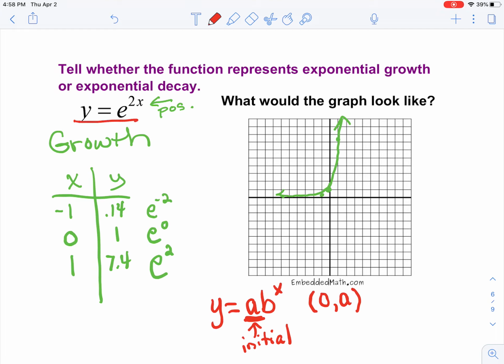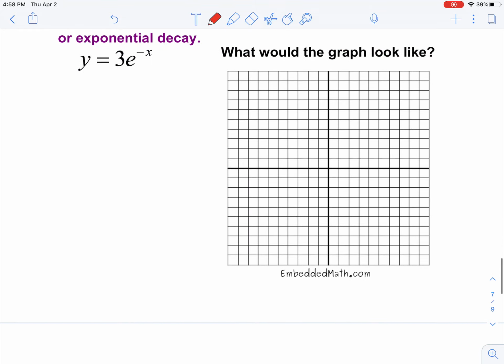On the one that we had, y equals e to the 2x, my a value was just 1. So that's why it's at (0, 1). So that initial value should help you with your graph. Let's do another one.